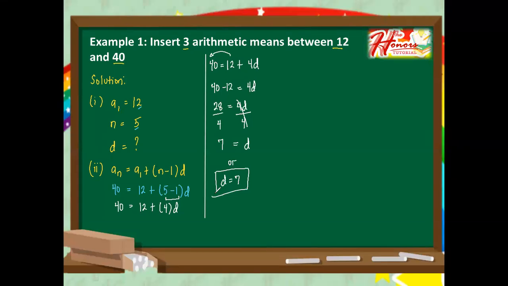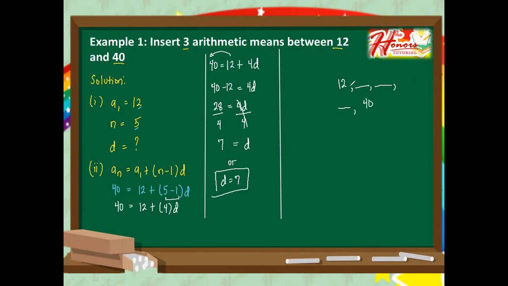So therefore, for us to get the three arithmetic means between 12 and 40, we have to do this. So we have here 12 plus 7. So we have here 1, 2, 3, and then we have here 40.